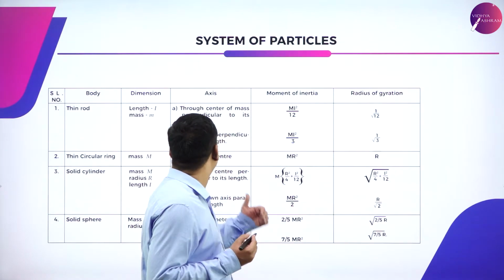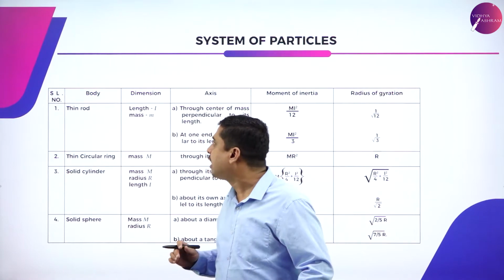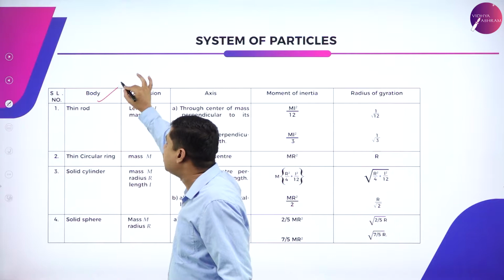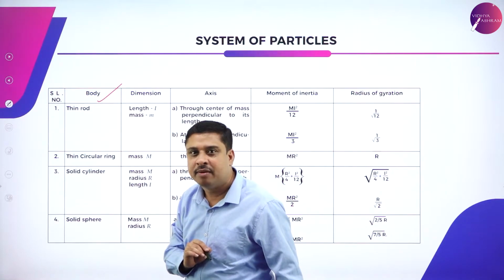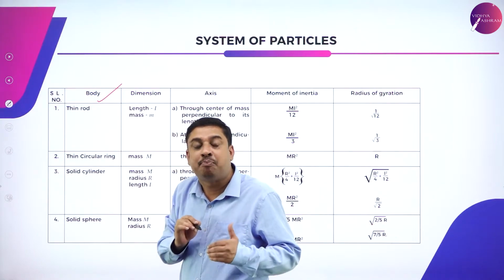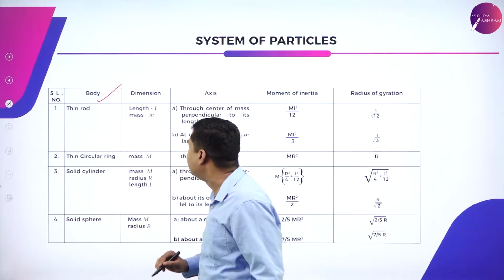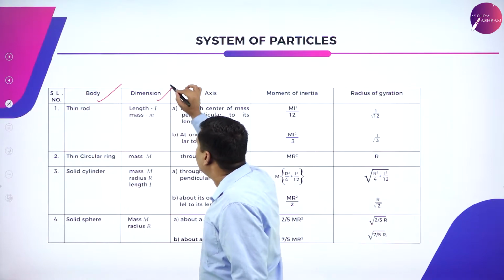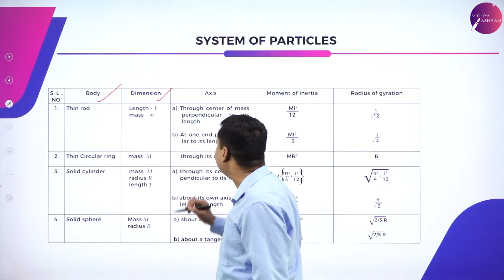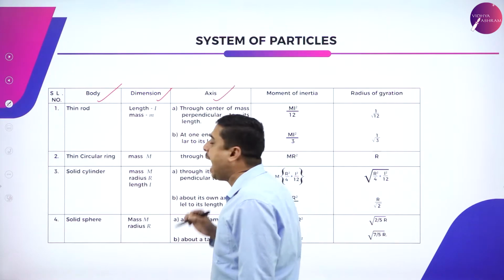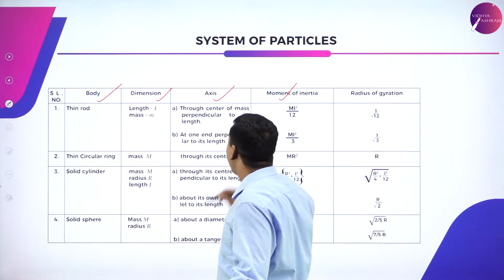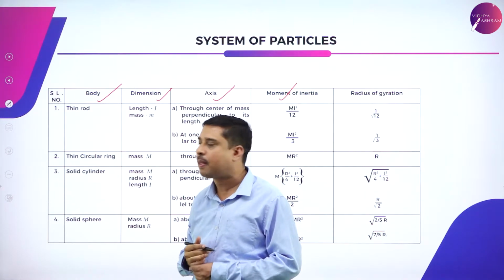So this is the table I am talking about. First is the geometry of the body. The first column gives me what type of object I am considering, the dimension which is considered, axis of rotation, moment of inertia.